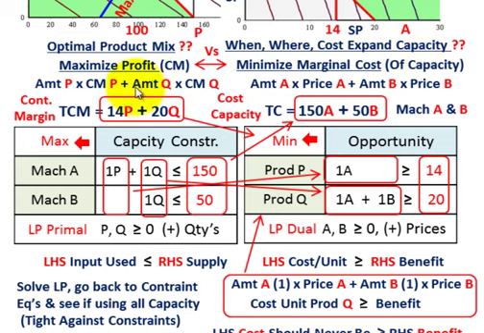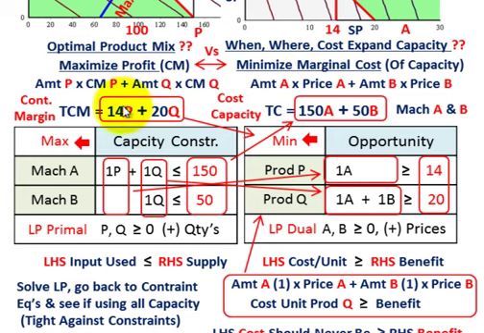Okay, so we already looked at this problem for maximizing our profit, where we have our contribution margin of 14 for product P plus the contribution margin of 20 for product Q, along with those capacity constraints for machine A and machine B. So what we want to do is convert this maximization problem into a minimization problem.